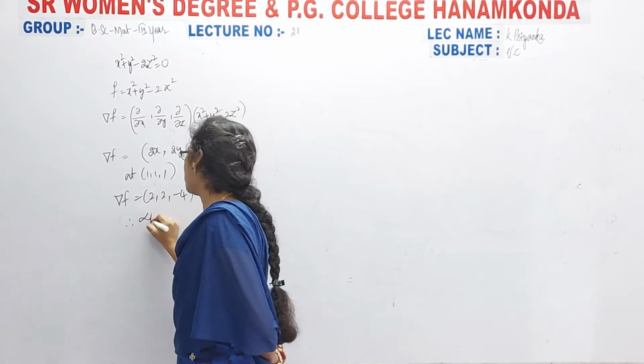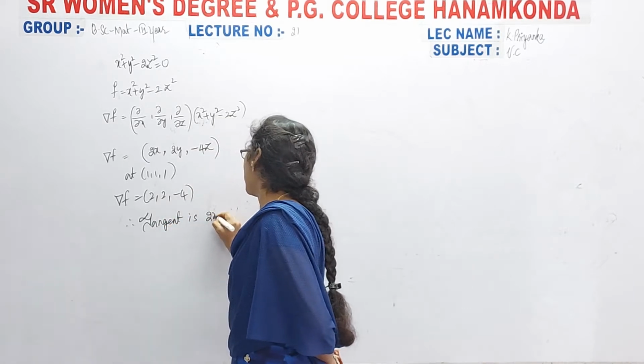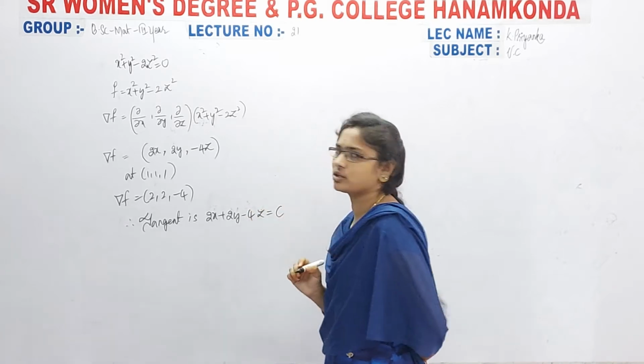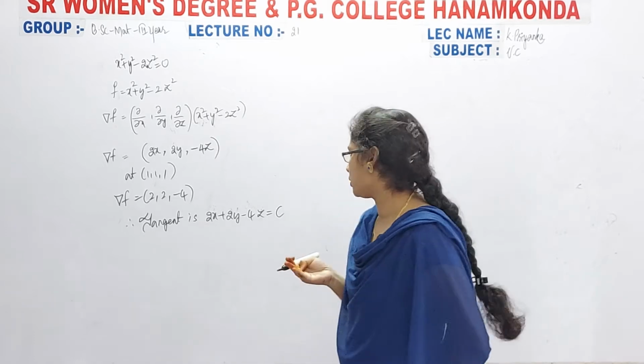Now the tangent plane is 2x plus 2y minus 4z is equal to some constant. We don't know that constant, maybe it is 0 or maybe some value.